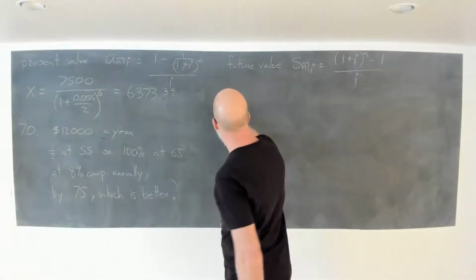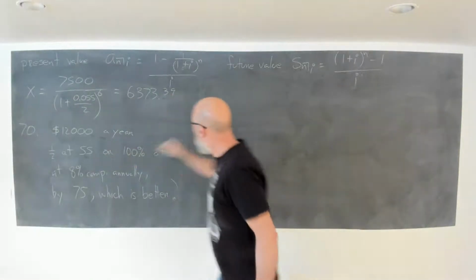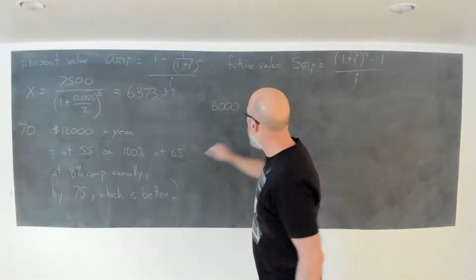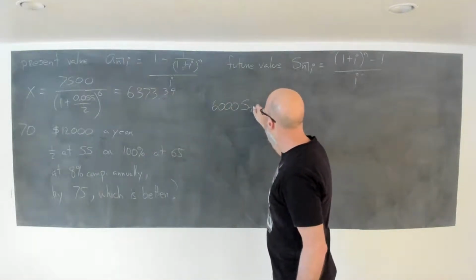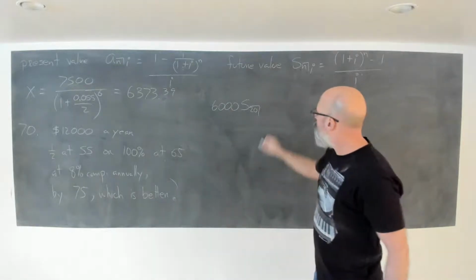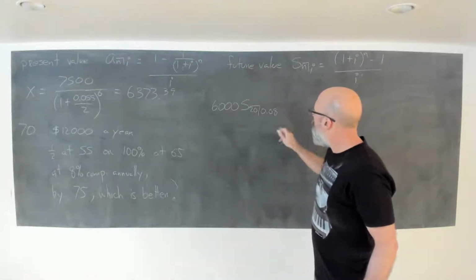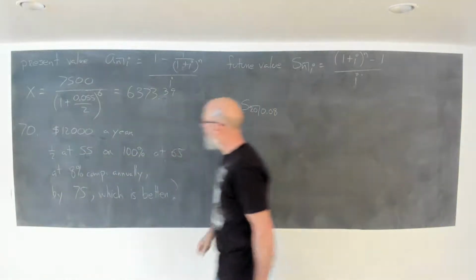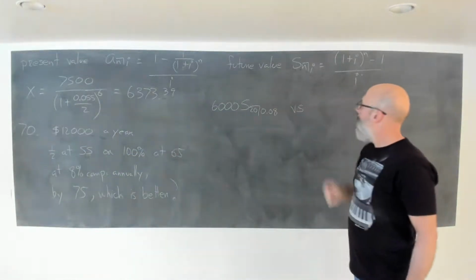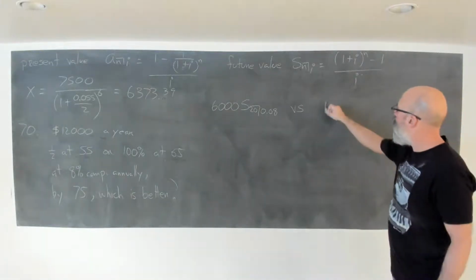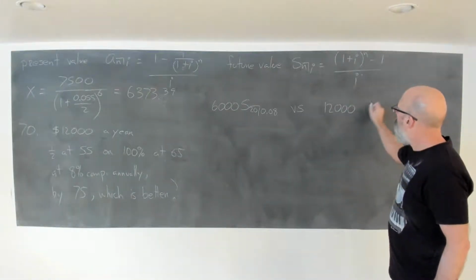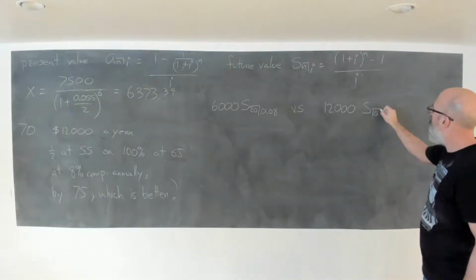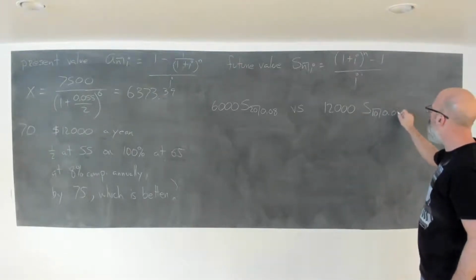So what do we have? $6,000 every year for 20 years at interest rate 0.08. That's how much you're going to have if you took the first option, versus the $12,000 a year for 10 years at that same interest rate.